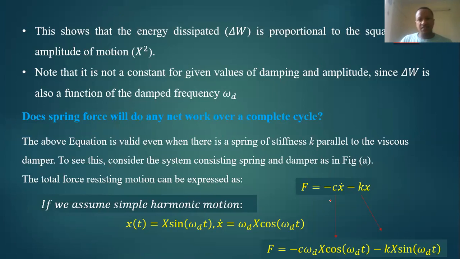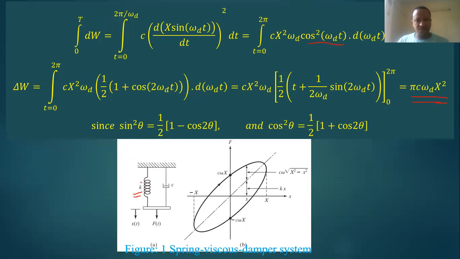So let's take the force balance. The total force is equal to minus Cx dot minus Kx, from the free body diagram.